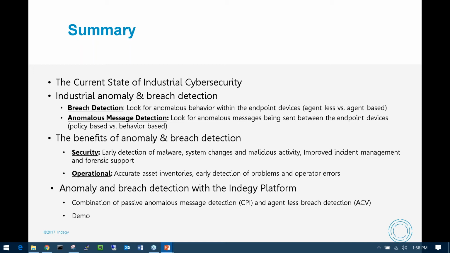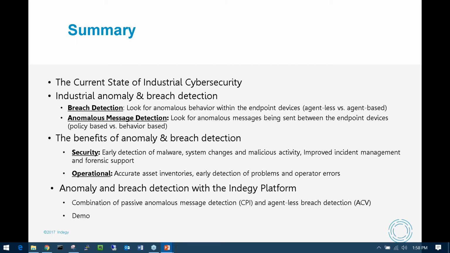Then we moved to the Indegy part of the session, which discussed what Indegy offers. The platform itself combines the two approaches that Sid mentioned before.